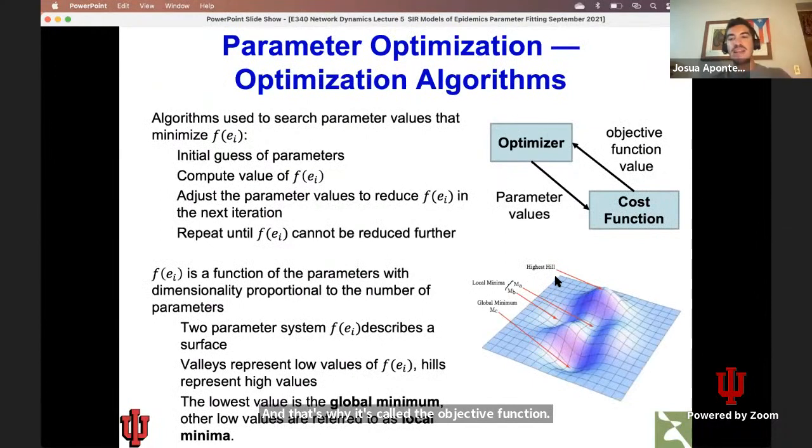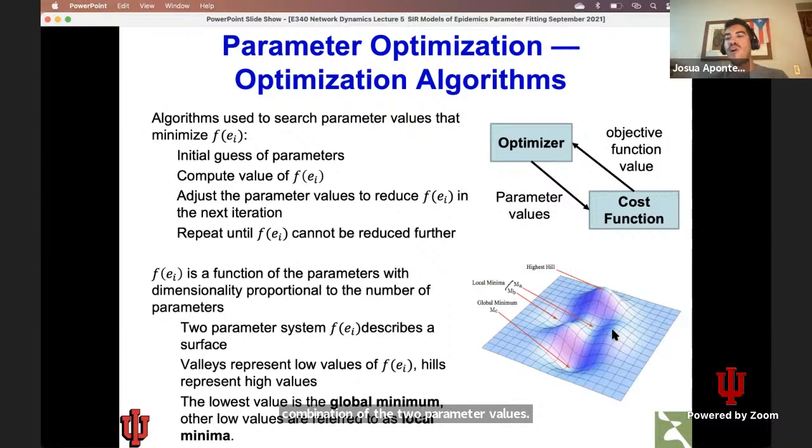In that previous example, it was just a single parameter, but if you think of it as a 2-parameter optimization problem, then you can think of that objective function as a sort of 2-dimensional landscape. Each point in this 2-dimensional landscape is a different combination of the 2 parameter values.